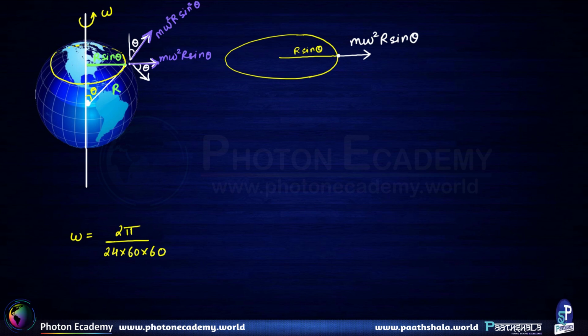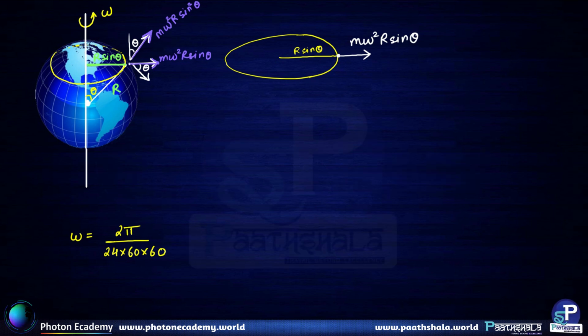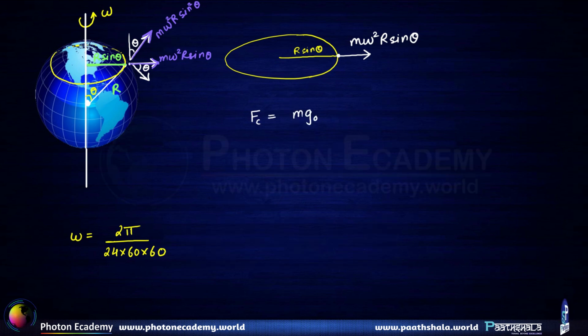This is the away from center of earth component of this force. The towards the center of earth component is m into g naught. So the net force that the earth is essentially exerting towards the center on a particle that is situated at this point and rotating along with the earth with angular speed omega will be given as force towards the center equal to m g naught minus m omega square r sine theta into sine theta.